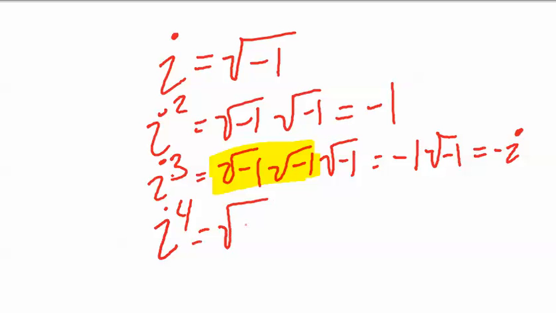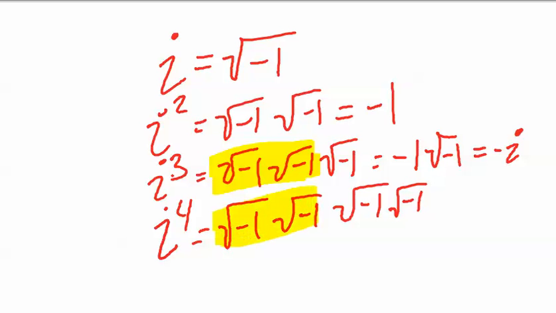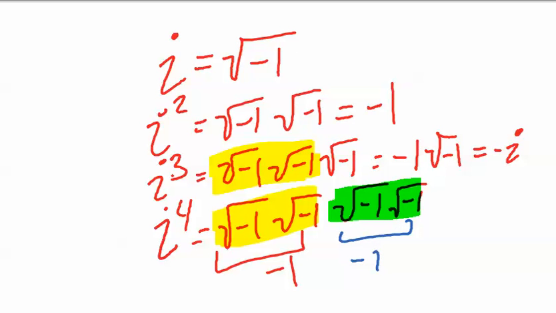Well, what about i to the 4th? Again, every 2 becomes -1. So if I have -1 times -1, that actually becomes +1. The even exponents are important, because they turn into those real numbers, -1, +1.